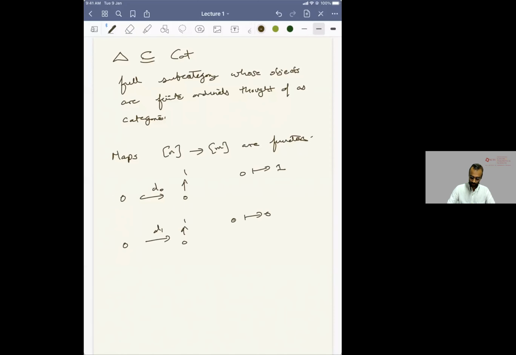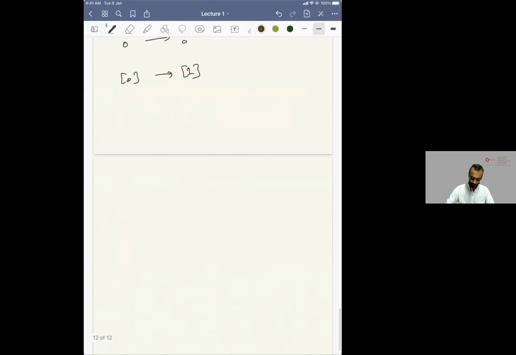And then let's look at maps from 1 to 2. I can write a bunch of them.